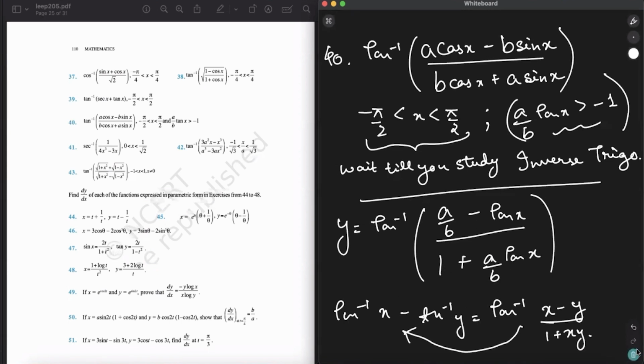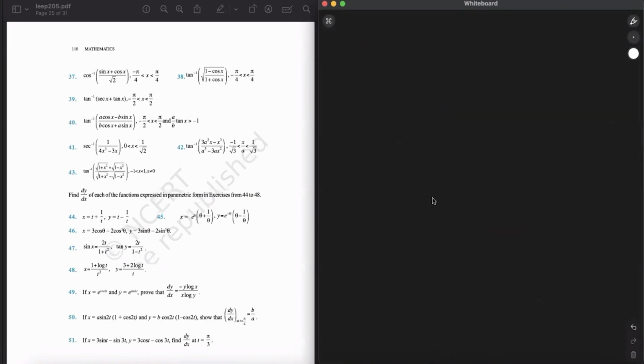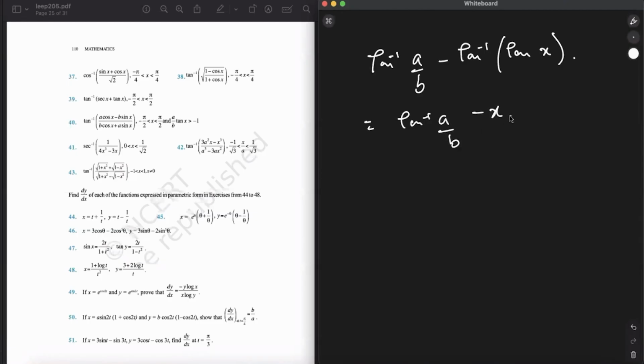I would get tan inverse a by b minus tan inverse tan of x. So I'll be left with tan inverse a by b minus x.